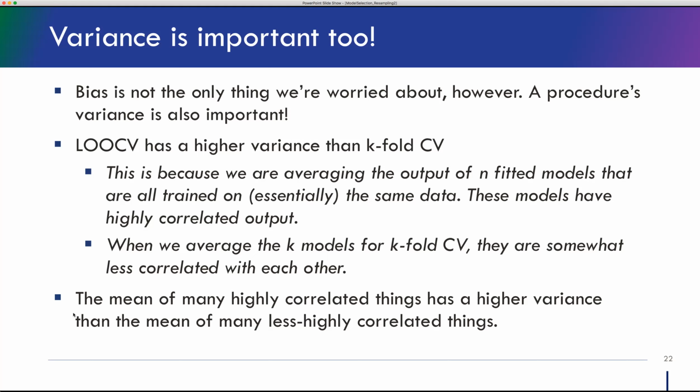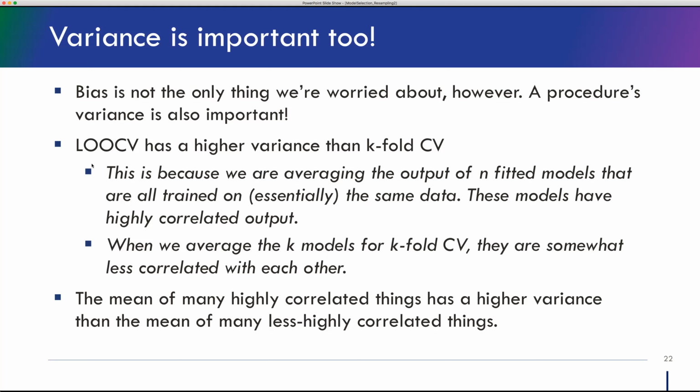To understand why highly correlated things have higher variance: when the effective sample size is smaller, the n you are dividing by when you calculate the variance would be smaller because of the correlation. That results in higher variance.